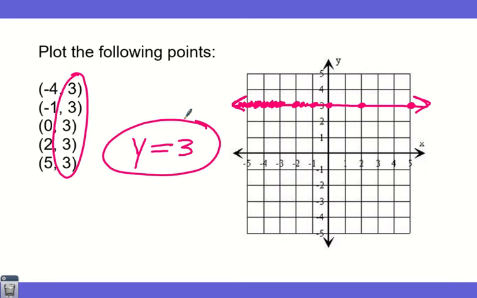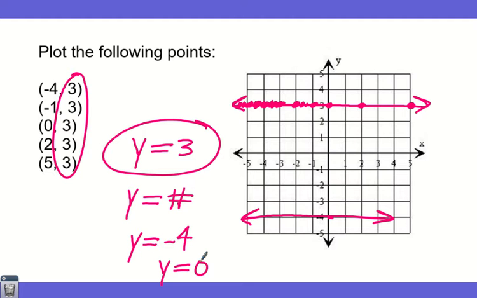And so this is the equation, and it's what equations look like for lines that are perfectly horizontal: always y equals some number. Other examples would be y equals -4, which is right here, that horizontal line, or y equals 0, that's this horizontal line.